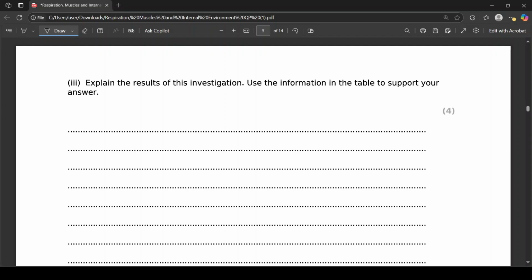So basically we have read that the carotid artery carries the blood straight to the brain, right?